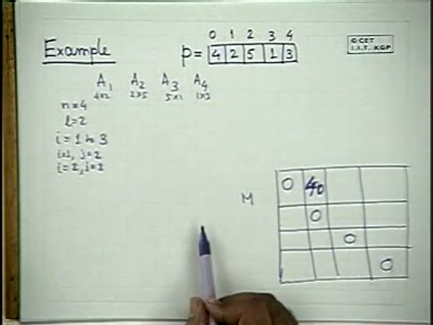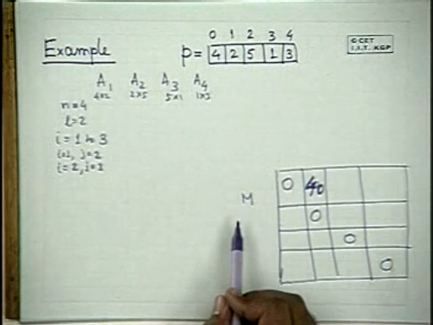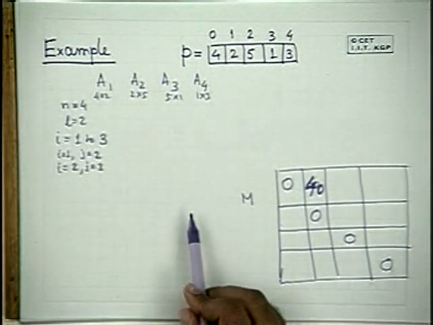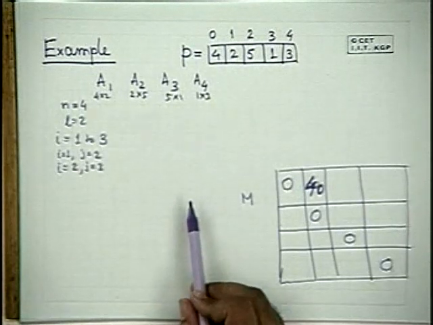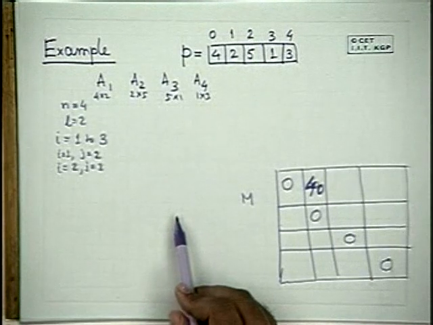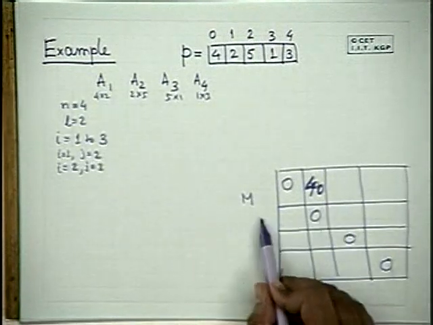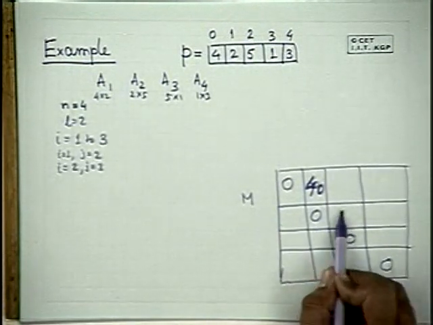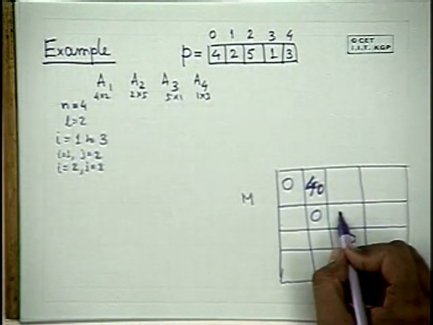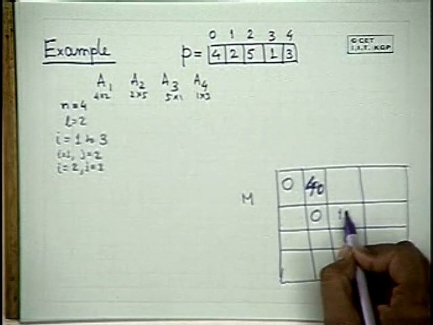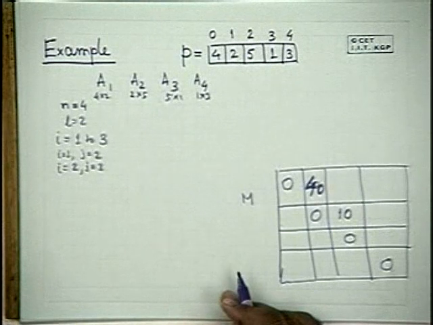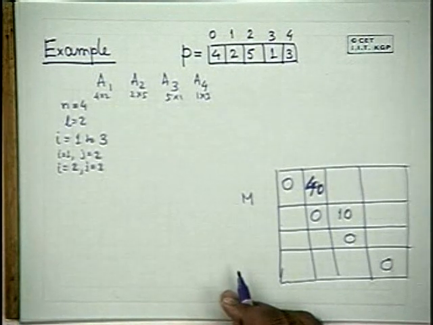So if you go over the k loop again, you will see it is now trying to multiply A2 and A3. How much will that be? It will be 10, and this will be 10 now, right? That is the k loop we will do.